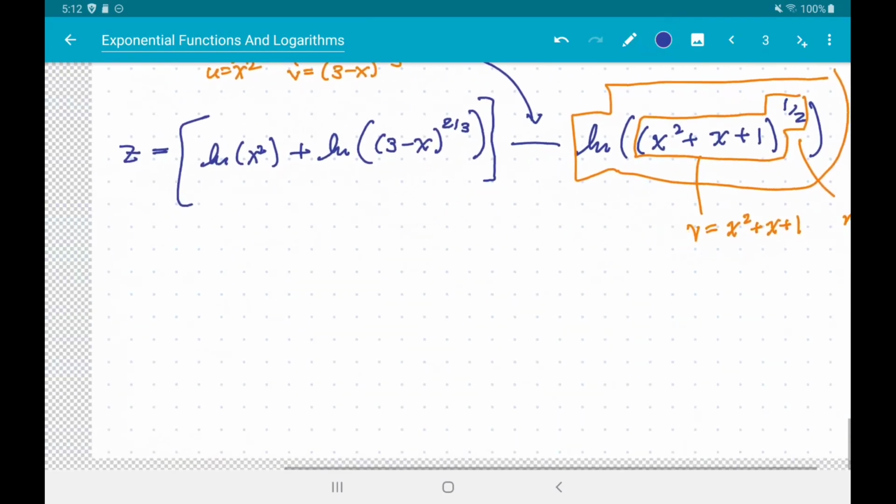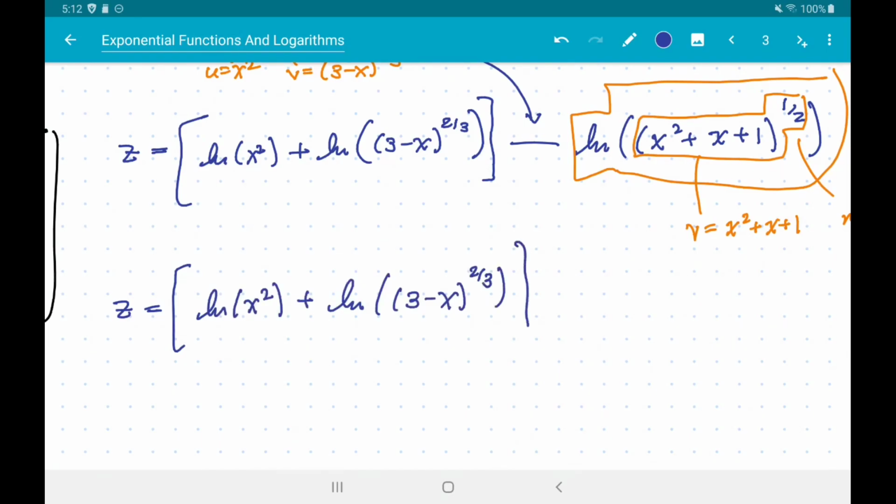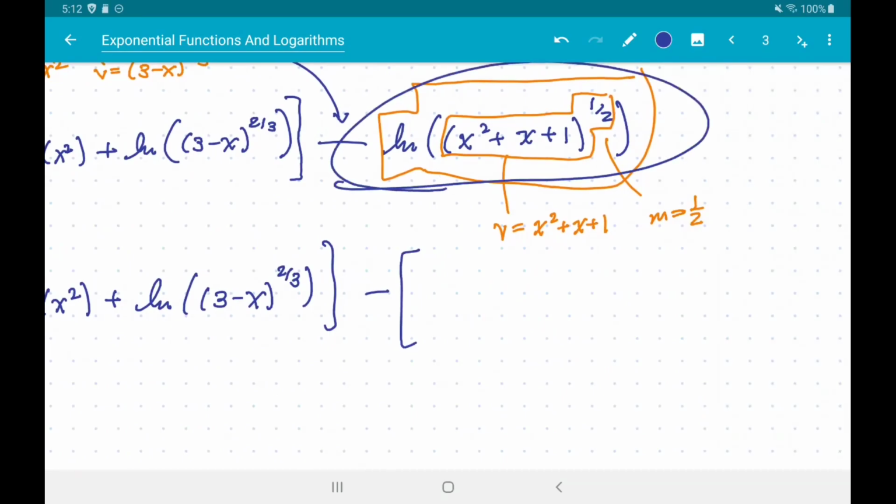So the next step, I'm going to have to copy all of this down without making a mistake. That's going to be so much fun. ln of x squared plus ln of 3 minus x to the 2/3 minus, and now I'm going to use parentheses and replace this with all this stuff here in parentheses.